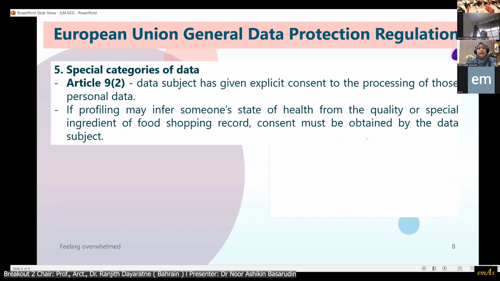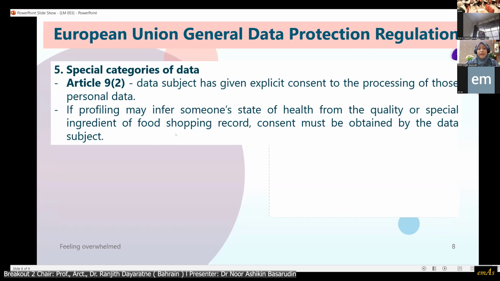And the second one is, even though the data is not in the special categories, the data processor may not get it directly. For example, the health status of a person, if they can infer it from food shopping records.